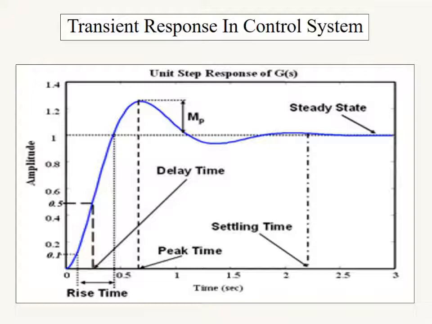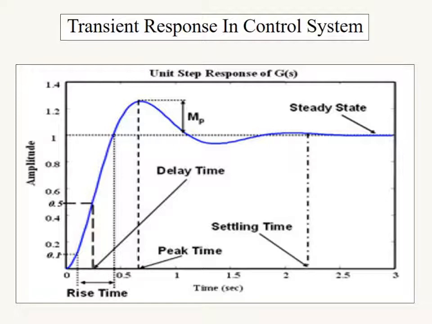The system starts at 0, rises up to this particular point, then it comes down, then goes up, and after some time it achieves the steady state. So from this point to this point, we call it the transient response. After that we get the steady state response.